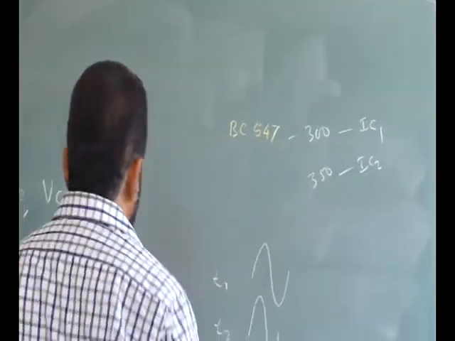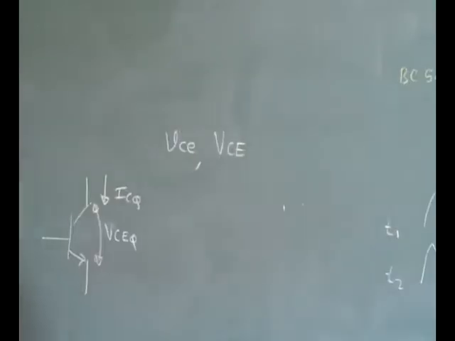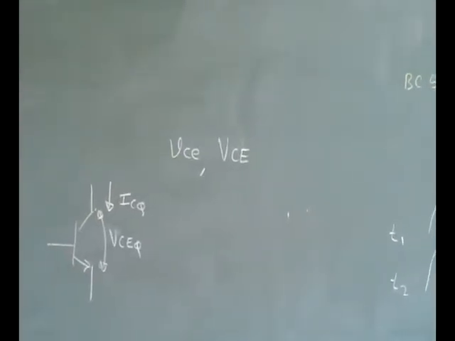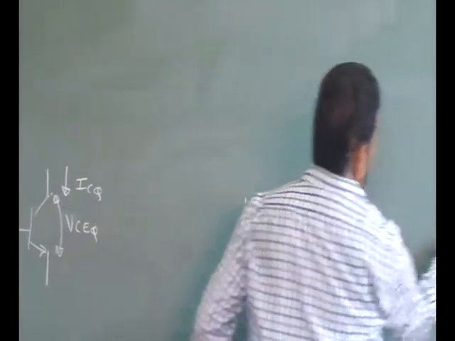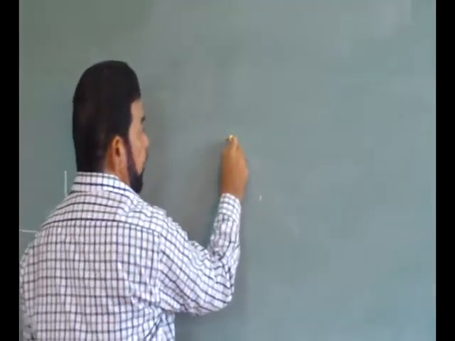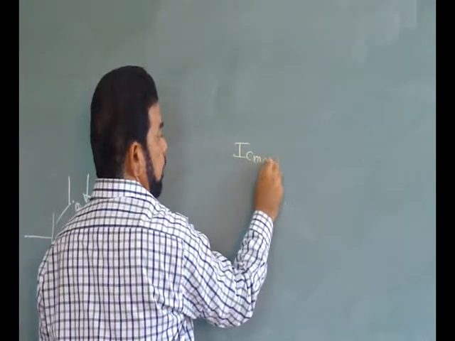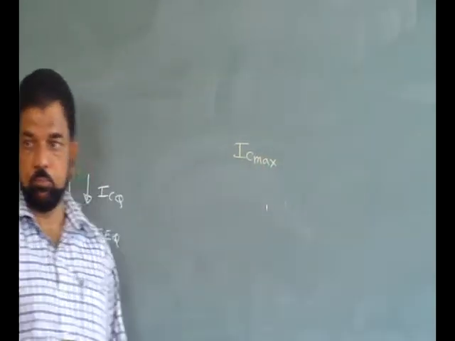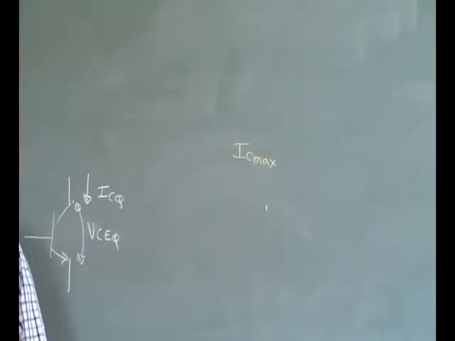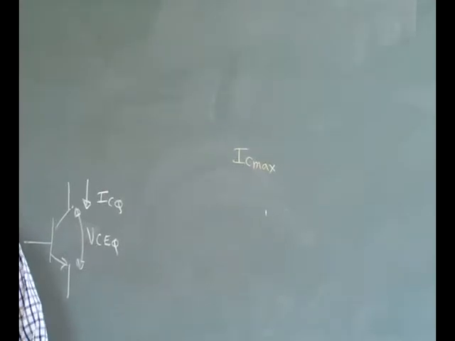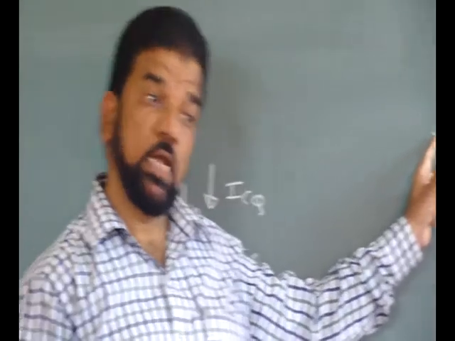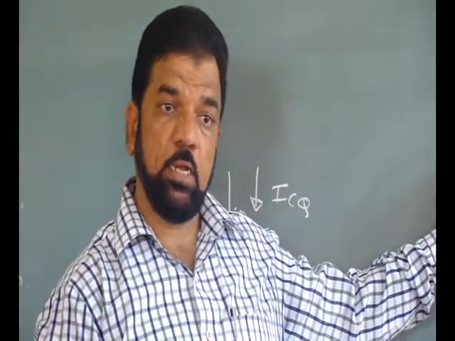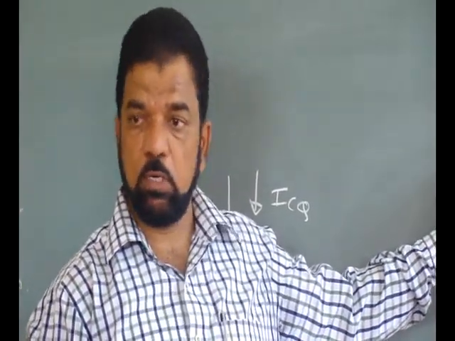Suppose the specification is the maximum collector current, that is nothing but IC max. How to define this one? The maximum collector current that can be safely handled by the transistor is IC max.